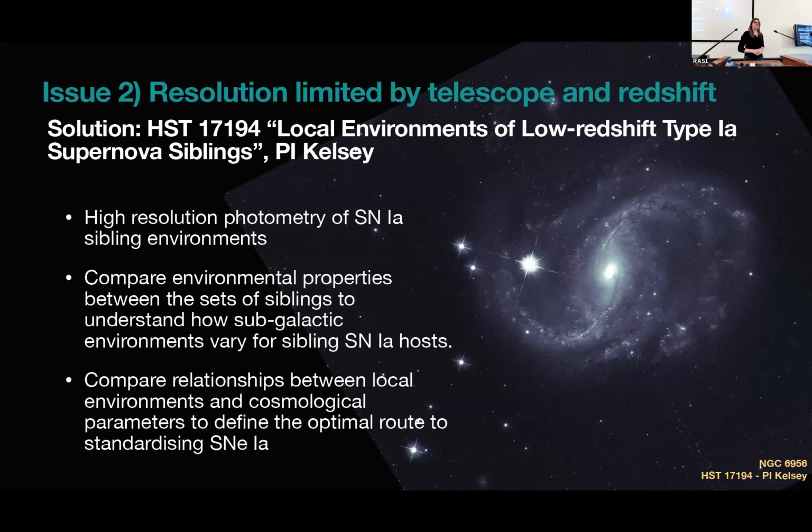I am working to obtain really high resolution photometry of those local environments to then pass them through a Prospector SED fitting code to obtain their environmental properties, compare these to their cosmological properties, and try to understand how these high resolution measurements are affecting things, and compare relationships between the local environments and cosmological parameters to define the optimal route to standardizing the Ia.